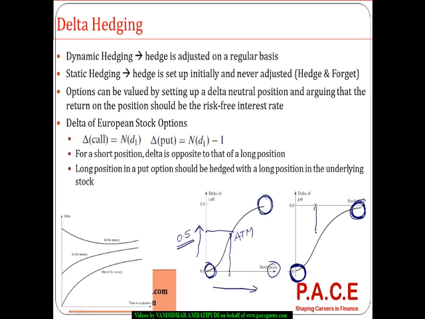At the money, the delta of the option is close to minus 0.5, because N(d1) minus 1 is the delta of the put. You can find the graph accordingly.